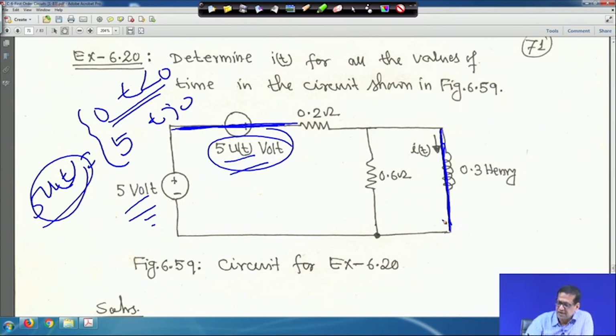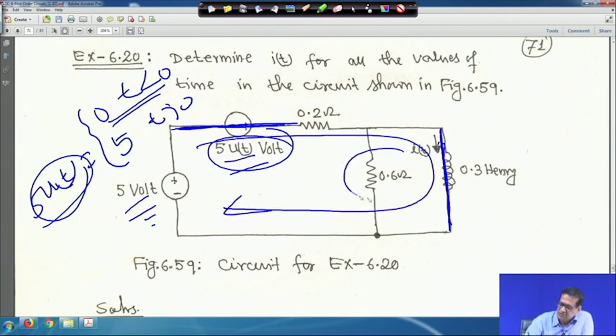So, at that time your initial current, the direction taken like this, because it is short. So, this 0.6 ohm is not effective, nothing will go through this. So, current through the 0.6 ohm resistance is 0, right. In that case your initial current, I(0-) equal to I(0+) whatsoever, will become 5 by 0.2.